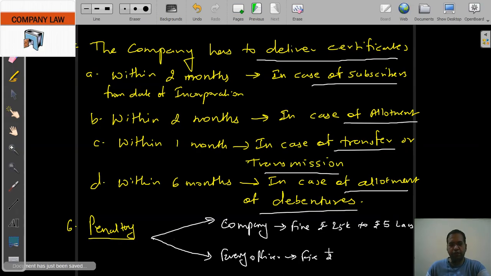For the officer, the fine is rupees 10,000 to 1 lakh. Okay, so this will be the penalty.